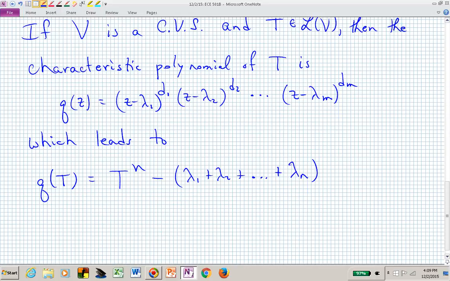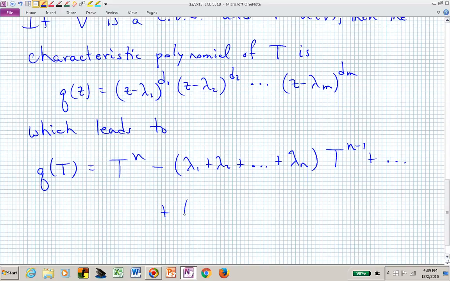So if lambda sub 1 was repeated 3 times, three of those lambdas would be lambda sub 1, is what I'm meaning by that. That's why it's now lambda sub 1 summed up through lambda sub n, times t to the n minus 1 plus all the way down to minus 1 to the n times the product, including multiplicities, of these eigenvalues.